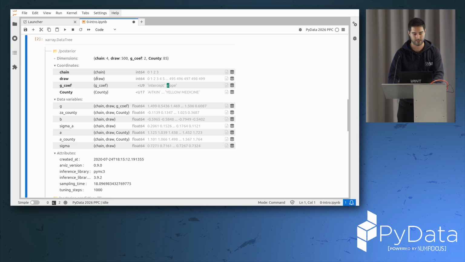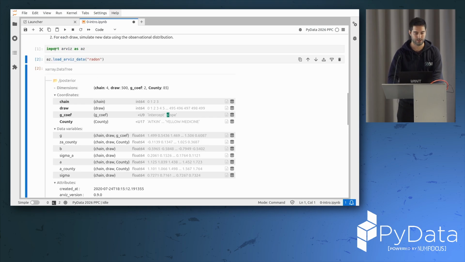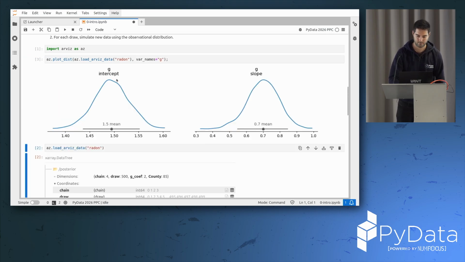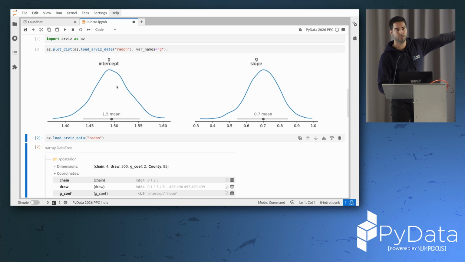If we look, for example, at the G, this is what it looks like when we plot the marginal distributions over all the samples that we have for this variable G.